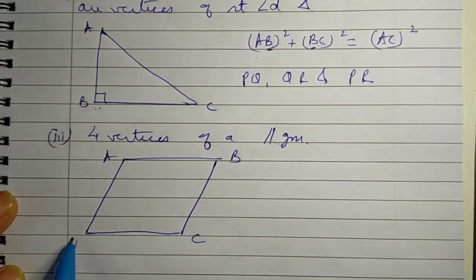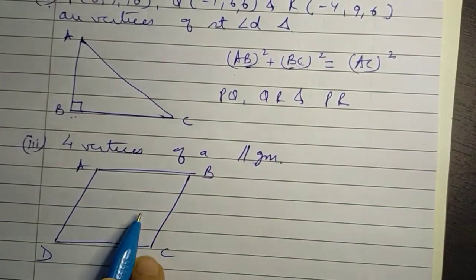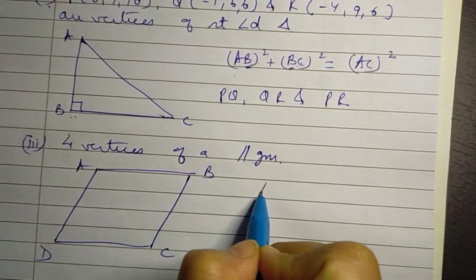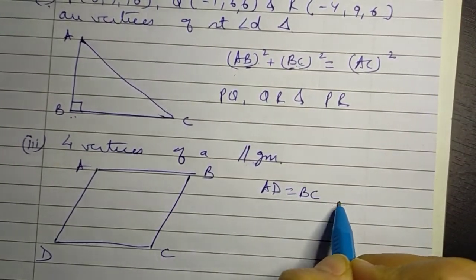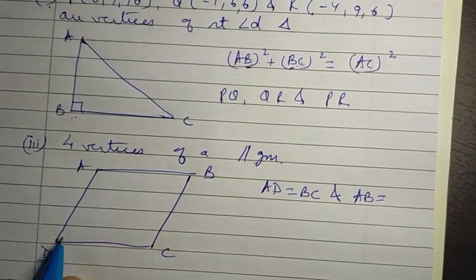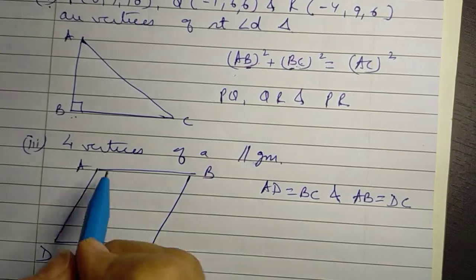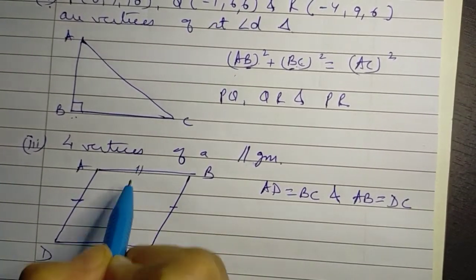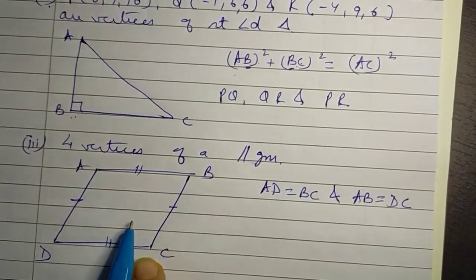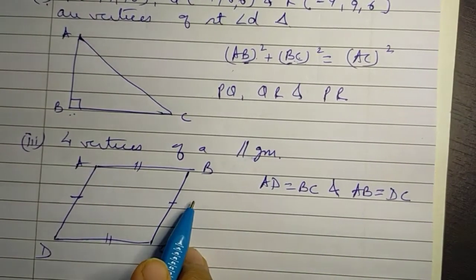So let's call them A, B, C, D. Now when are these vertices of a parallelogram? You can show that the opposite sides AD should be equal to BC and AB is equal to DC. The length of the opposite sides, this is equal to this and this is equal to this. So this is a way of showing that they are vertices of a parallelogram.